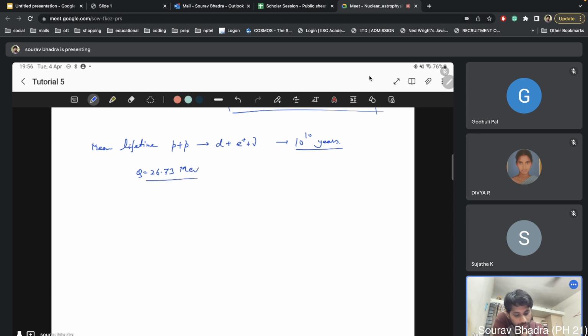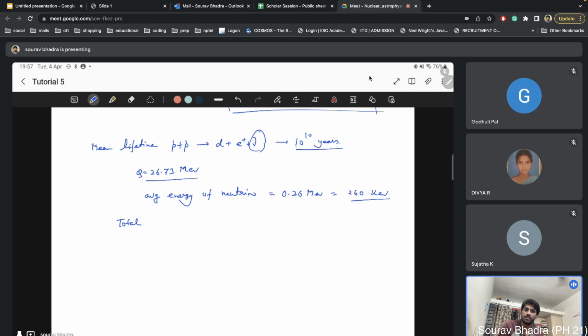And as I told you, the average energy of neutrino produced in this particular reaction is 0.26 MeV or 260 keV. Now, the loss, because with that energy the neutrino will escape, it will not contribute to the energy production of the sun.